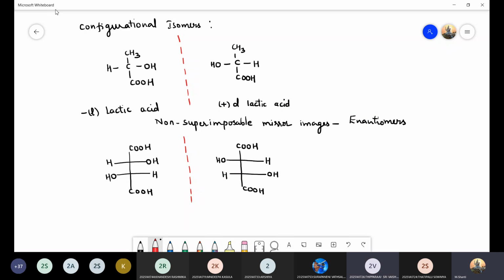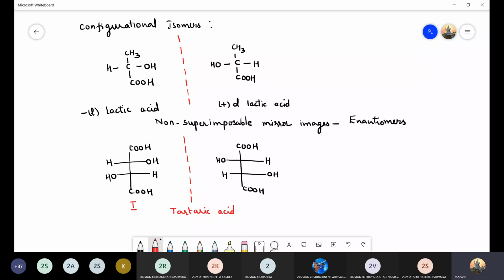Very good. Tartaric acid. Okay, this is structure 1.